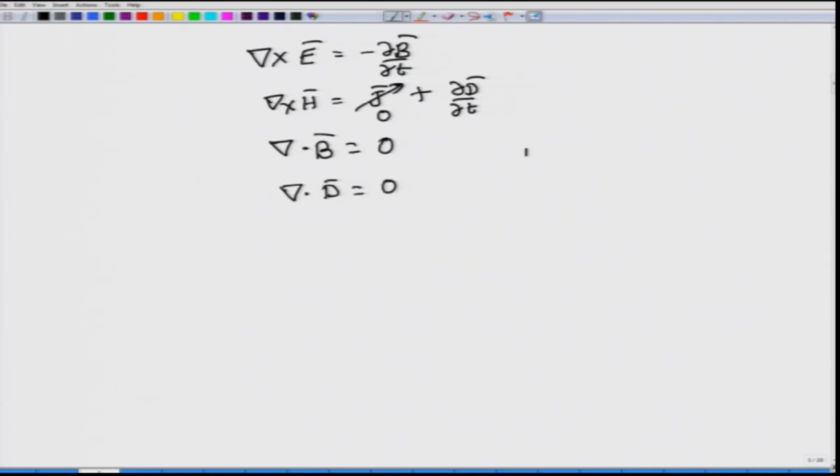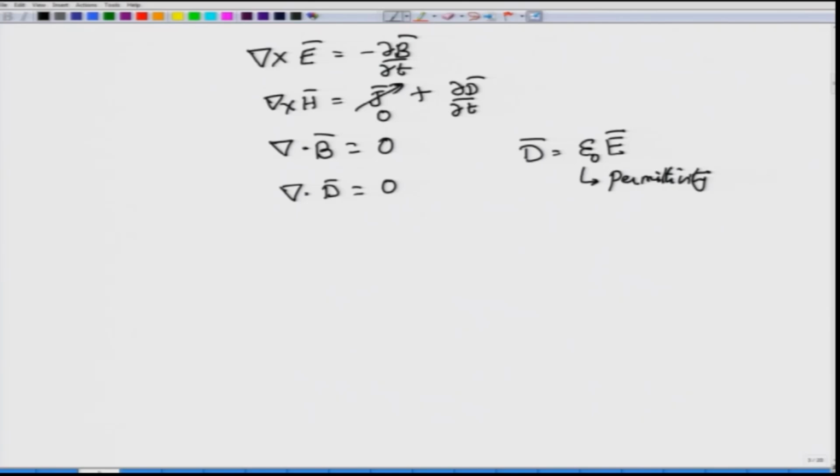In general, D and E are related by the material properties. If it is free space, then D is equal to epsilon 0 times E. This is called epsilon 0 or epsilon naught, and this is the permittivity of the medium. Permittivity of the medium tells you how susceptible the medium is to the electric fields.